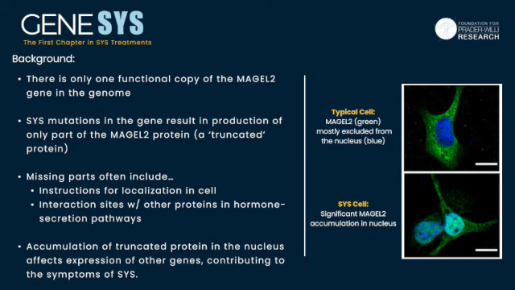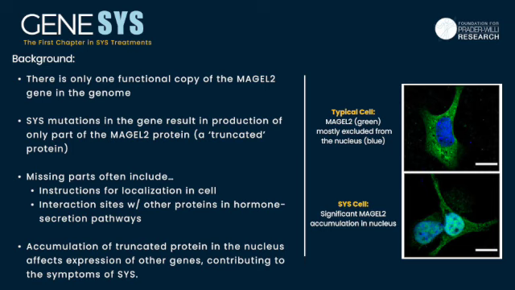Let me advance. So just a little bit about the background and the scientific rationale for why we are approaching this the way we are. In everyone who does not have Schaaf-Yang syndrome, they have a functional copy of the MAGEL2 gene.